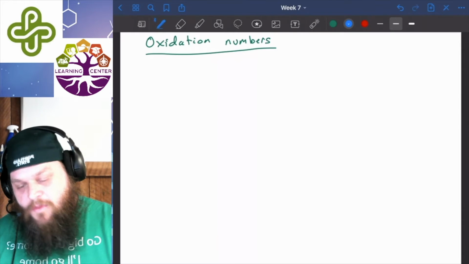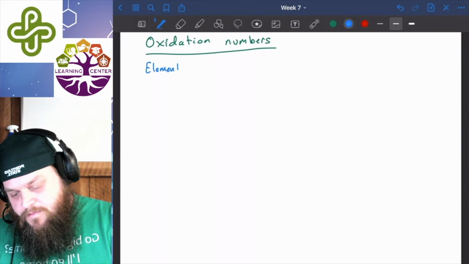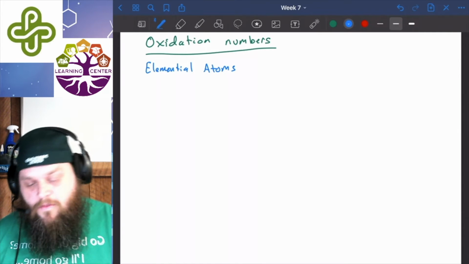When we talk about elemental atoms, they have an oxidation number of 0.